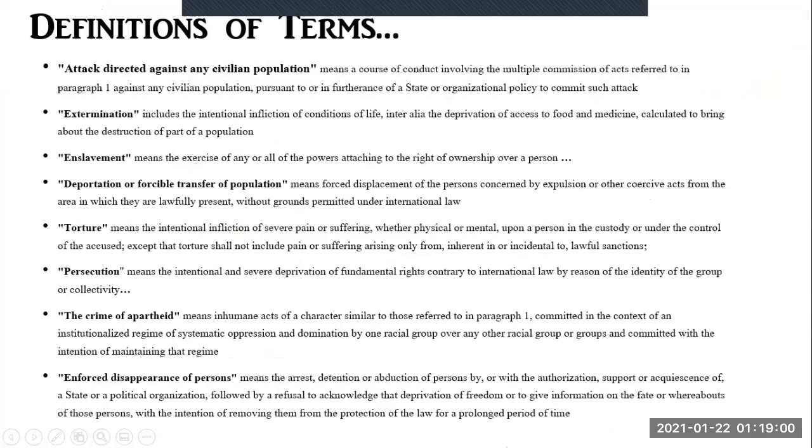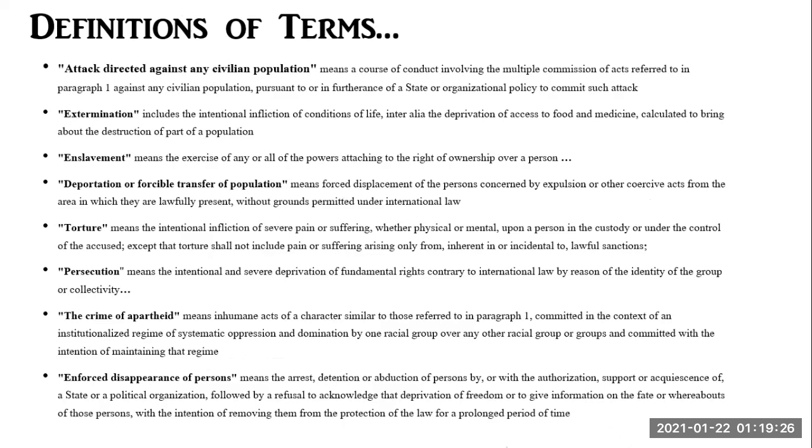Definitions of terms: attack directed against a civilian population means a course of conduct involving the multiple commission of acts referred to in paragraph 1 against any civilian population pursuant to or in furtherance of a state or organizational policy to commit such an attack.